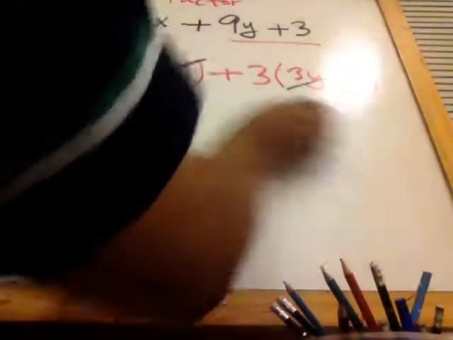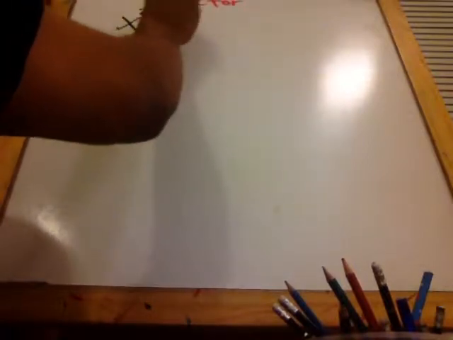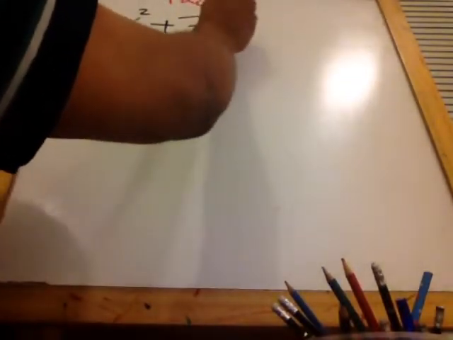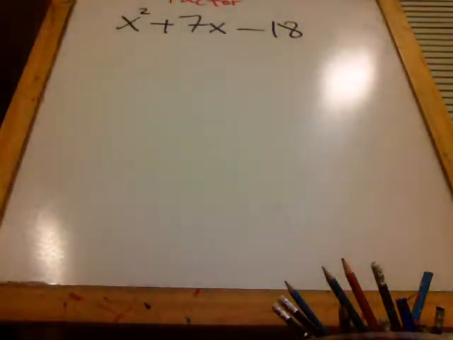Since I made mistakes in the trinomial and confused you, I'll repeat that with another example. So this is x squared plus 7x minus 18. I'll check if it can be factorized or not. Maybe this is very easy, so I'll go straight to factorization.